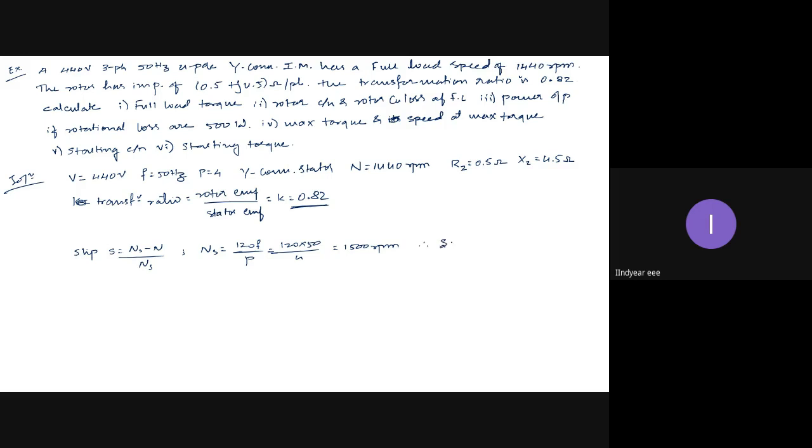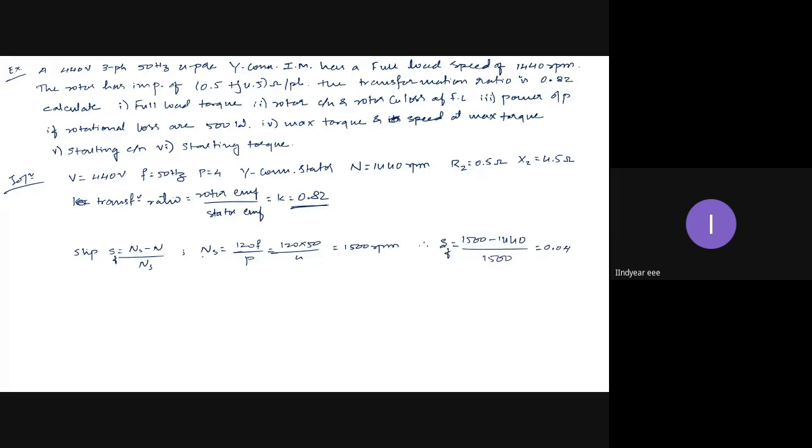Therefore, slip S, we can take full load slip, is equals to 1500 minus 1440 divided by 1500 is equals to how much we get? It is 4%, 0.04.